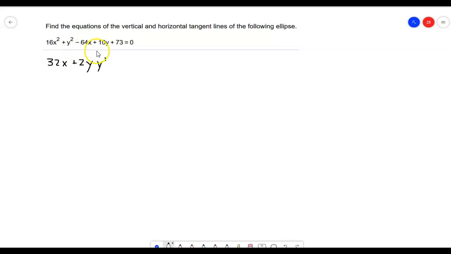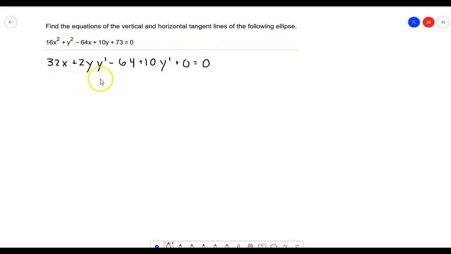And then -64x is just going to be -64. And 10y is just going to be +10, but I took the derivative of y, so I have to multiply that by y prime. Plus 73 is just going to be +0, and then equals the derivative of 0, which is also just 0. So this is what it looks like.